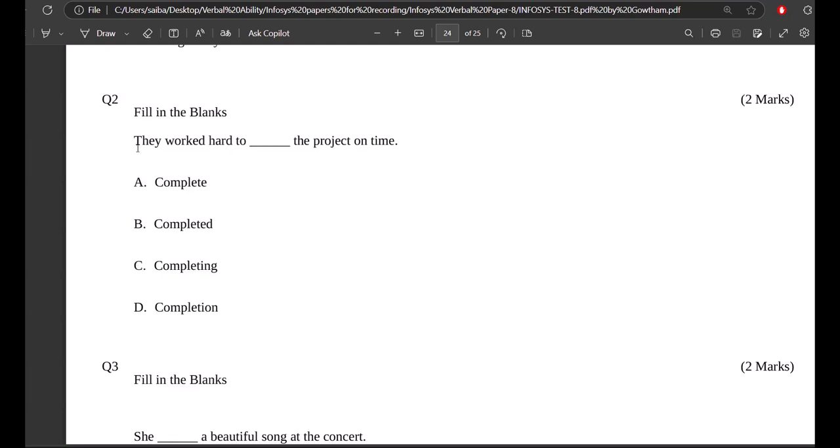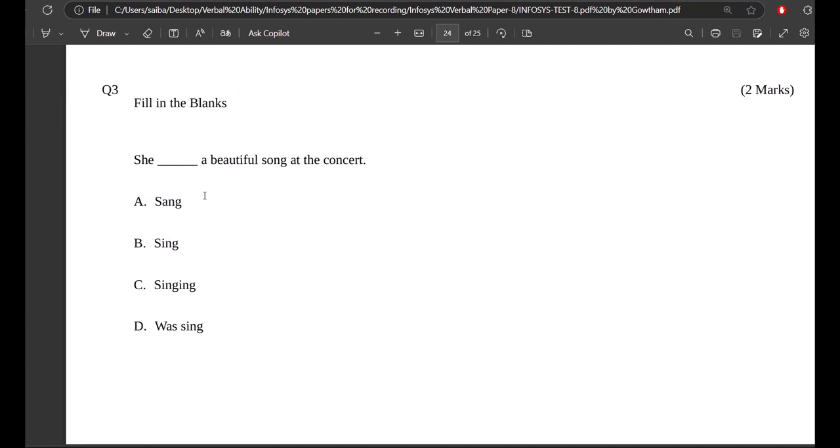Next one, they worked hard to complete the project on time, right? Next one, she sang a beautiful song at the concert. Okay, we have to use past tense here.